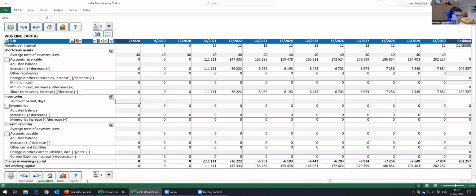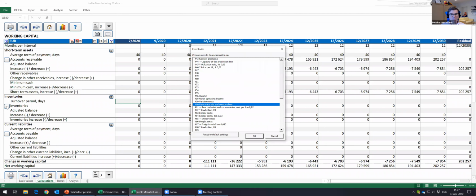So in this case, I want to specify, so I go to the button here left for inventories, the gray button with 3 dots. And here it shows from which row it calculates. So take the raw materials, that's okay. In this case, I want to have the value of the end product. So I want to have all costs related to production.